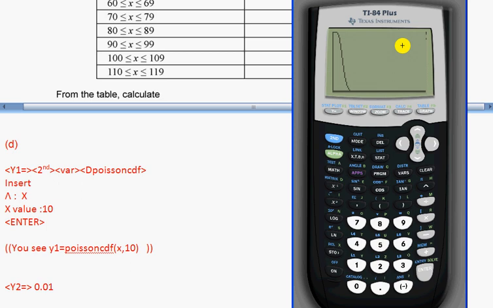So Poisson here, it has drawn, and it is somewhere here, so about 20. So we should get the correct answer.